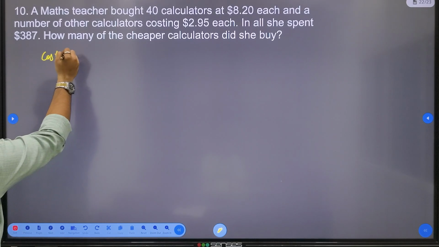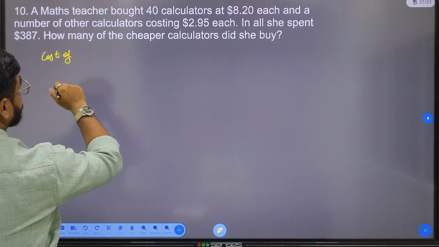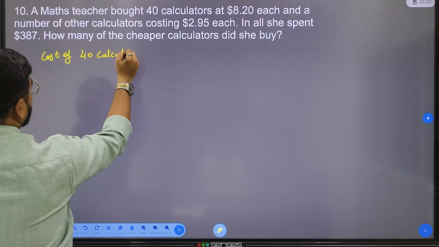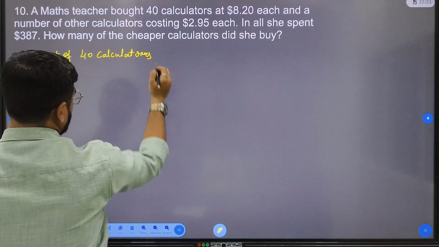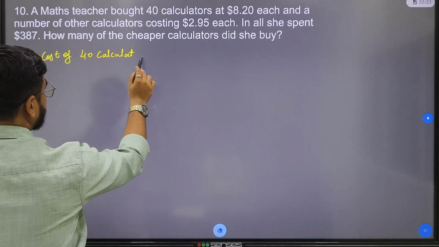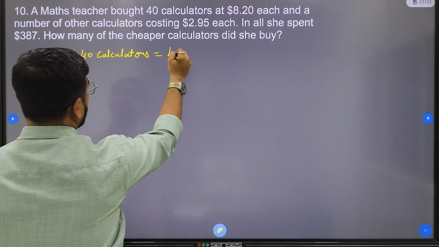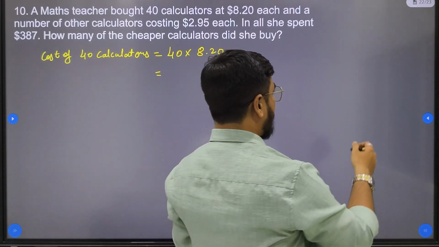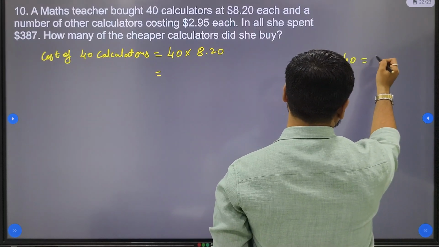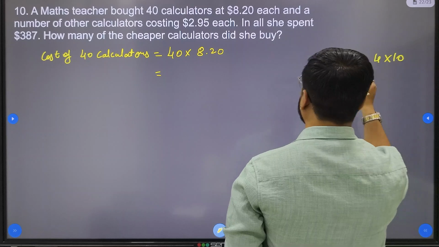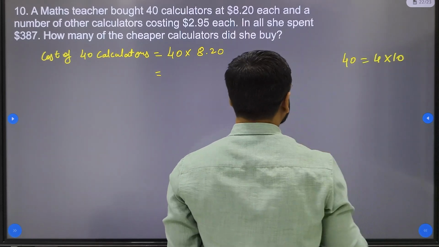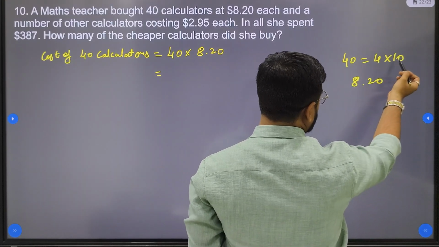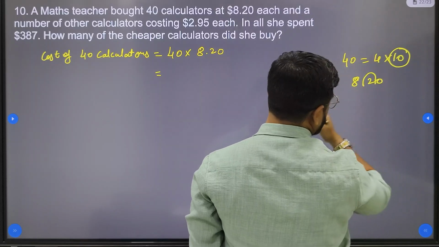So cost of 40 calculators in total is how much? So 40 multiplied by 8.20. What I know is 40 is 4 into 10, and if I multiply 8.20 by 10, the point just shifts over here.